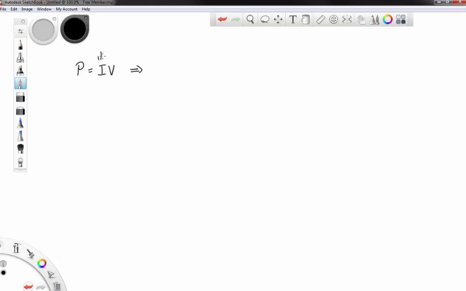And since we're looking for the current, we need to solve this for current. So P minus IV is equal to 0, and that means that minus IV is equal to minus P.